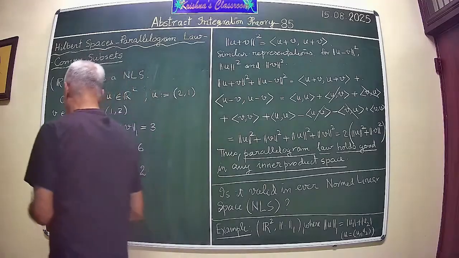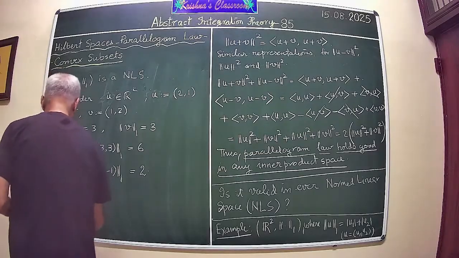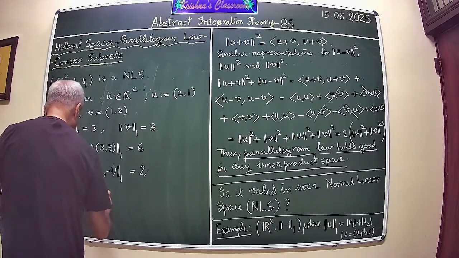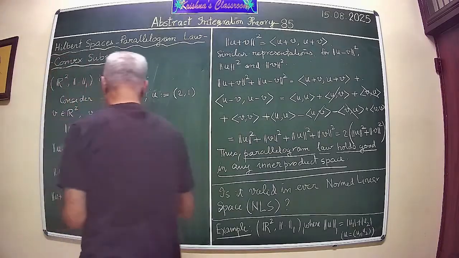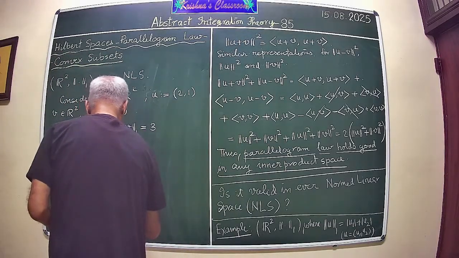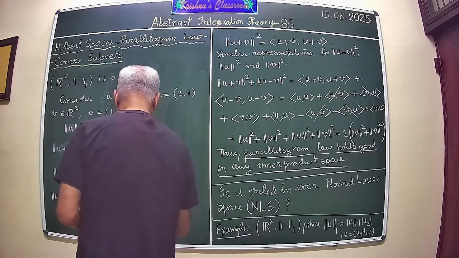Therefore, let us now compute. So norm of u plus v whole square plus norm of u minus v whole square is equal to 6 square plus 2 square, that is 40.